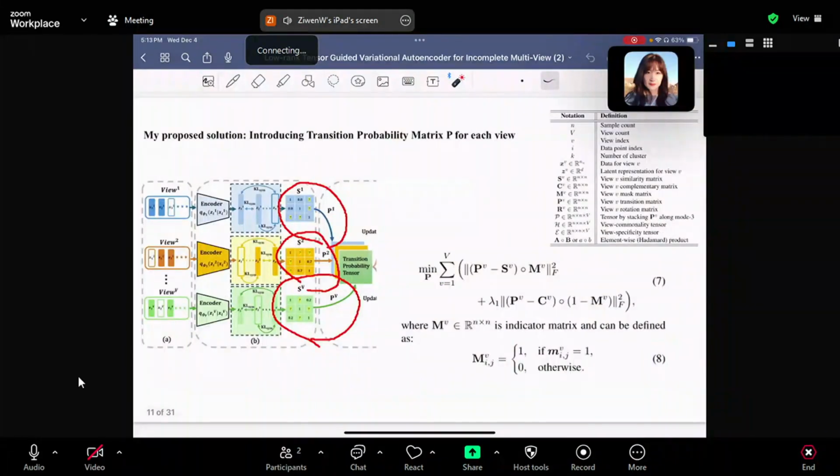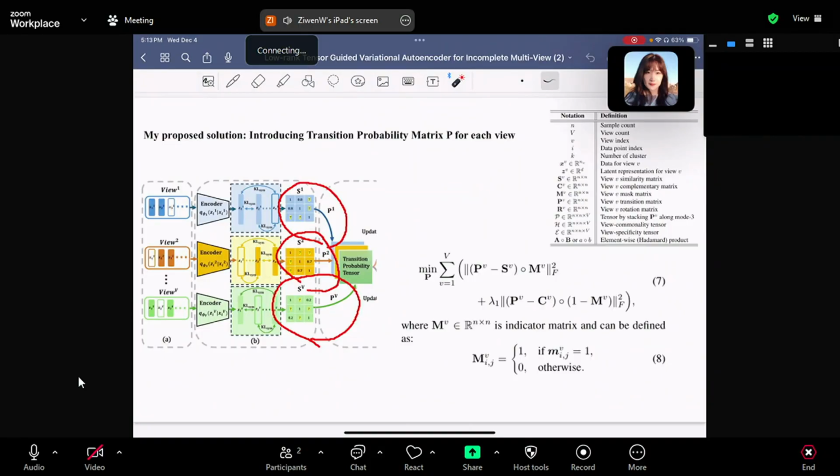I'm going to go fast here because this is quite long, and I could go on for an hour on the solution. Now we try to learn this using a transition probability tensor. First of all, we ensure that all the entries are non-negative, and they are all summed to one row-wise, so that this provides normalization.